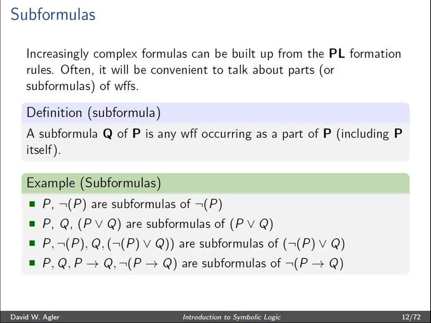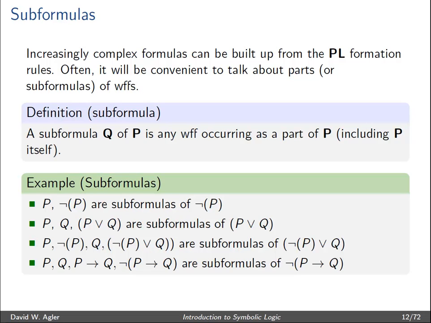In the first example, P and not P are subformulas of the wff not P. P is a part of not P, and so it's a subformula of not P. And not P is a part of not P, since every formula is a part of itself.